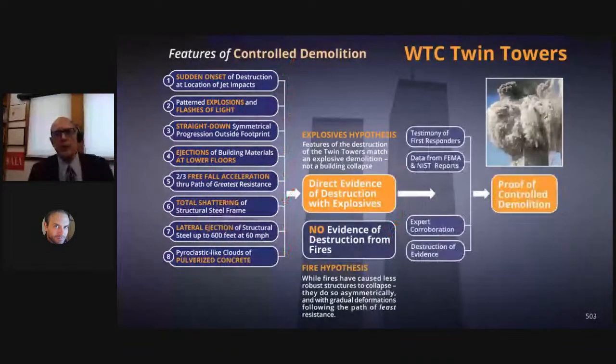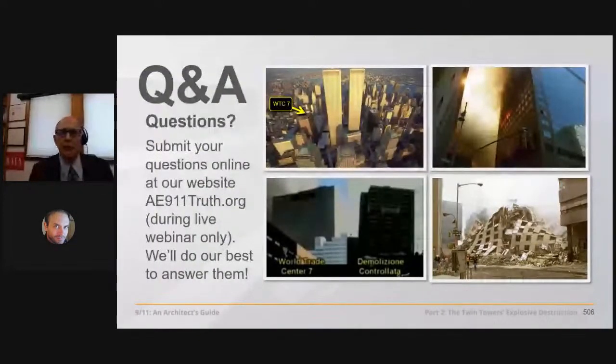With additional circumstantial corroborative evidence here, we believe that this is proof of controlled demolition, which is why we're asking you to get involved. And Andy can tell you how you might ask some questions and let us know what you think also of the webinar.